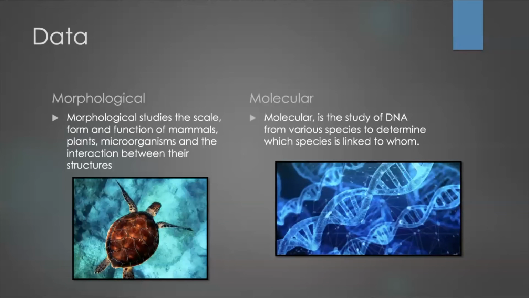Molecular, on the other hand, is the study of DNA from various species to determine which species is linked to whom. To be precise, the morphological process of collecting data for the formation of a phylogenetic tree includes observing and examining the height, form, and function of mammals, plants, microorganisms, as well as the relationship between their structures.